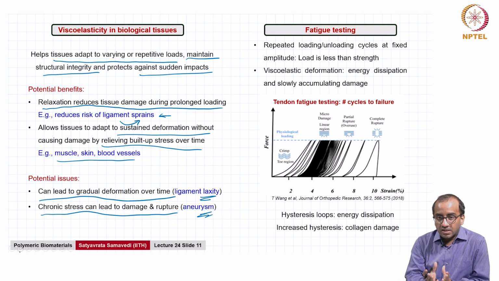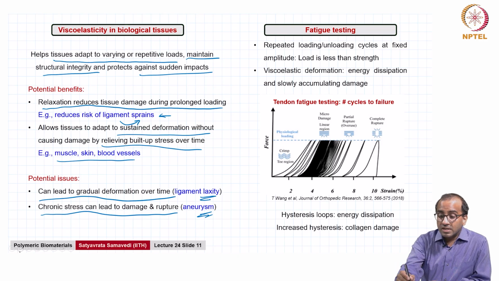Now, we hinted at the idea of repeated loading and unloading, right, and that is what fatigue testing is, where you are repeatedly loading a material multiple times at a fixed amplitude. The load is definitely lower than the strength, but in every loading cycle you are slightly accumulating some microstructural damage, right.